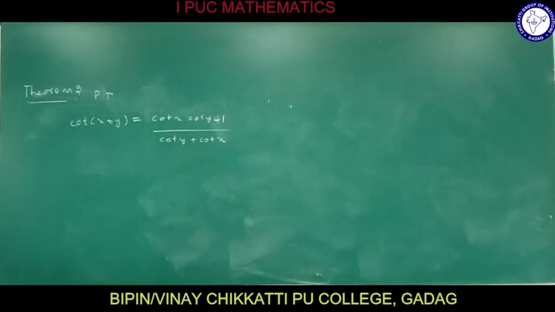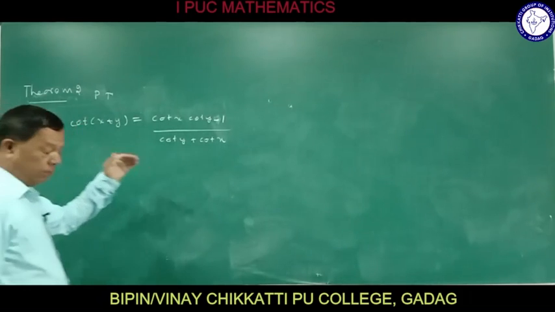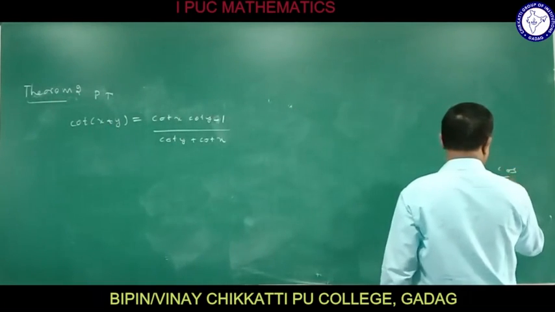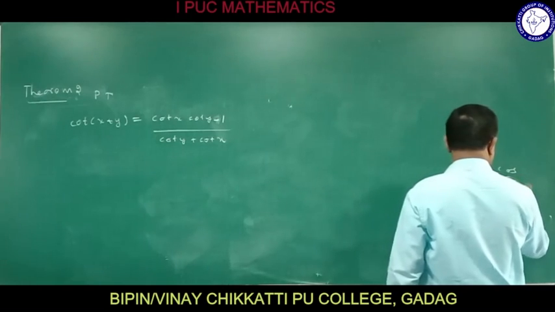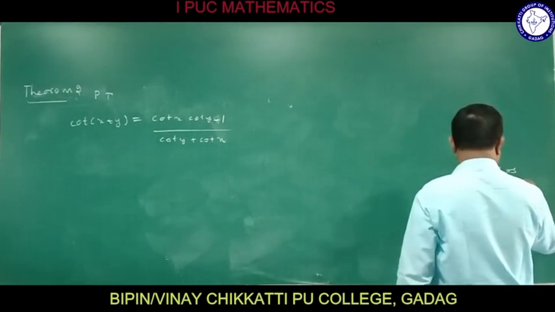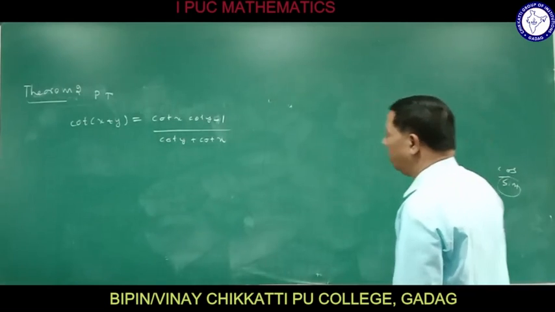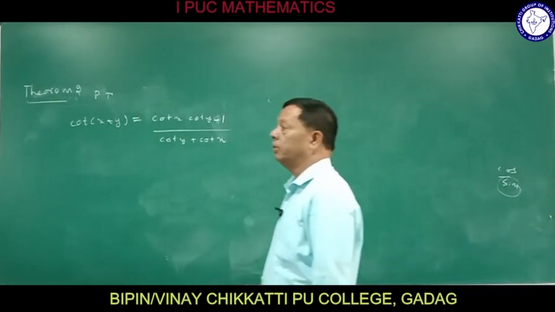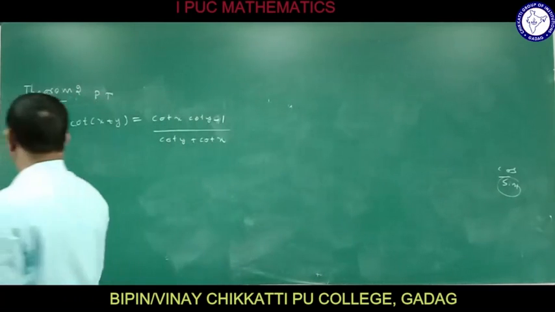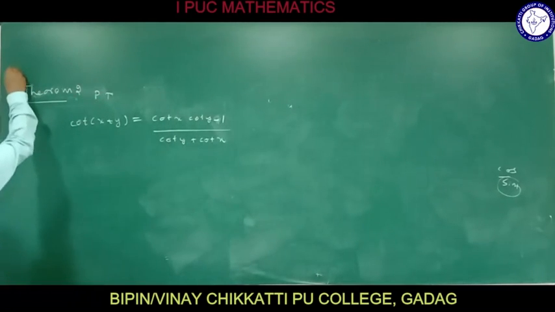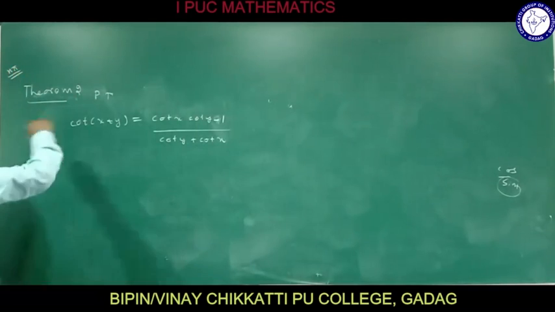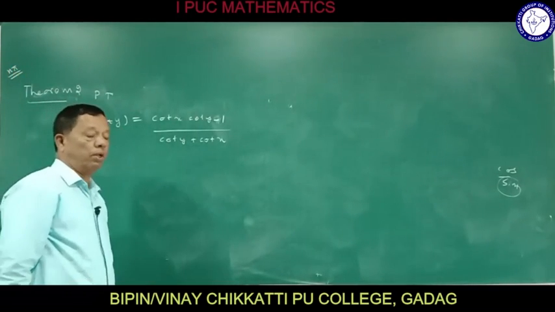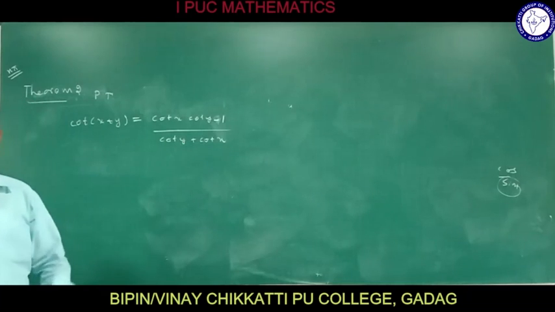But one thing is true: here cot means cos by sine, and sine should not be 0. That means x or y or x plus y should not be a multiple of n pi. If it is a multiple of n pi, then sine is 0, since sin x is equal to 0 where x is equal to n pi.